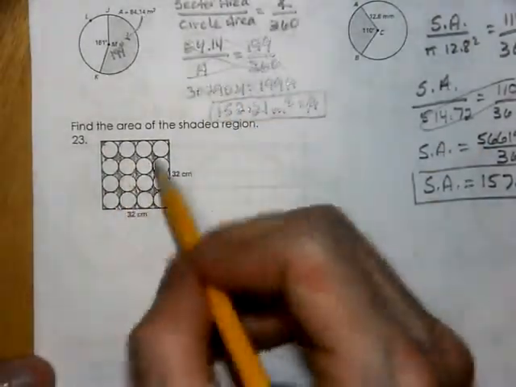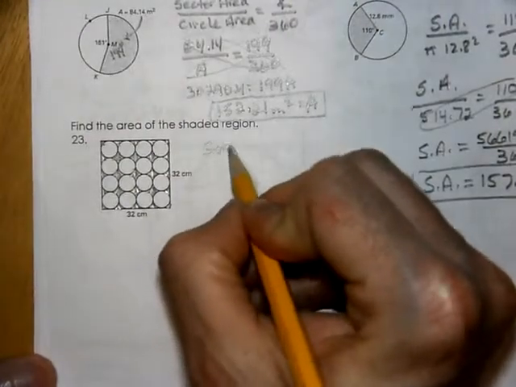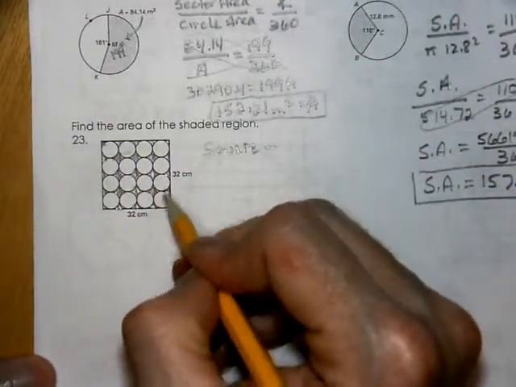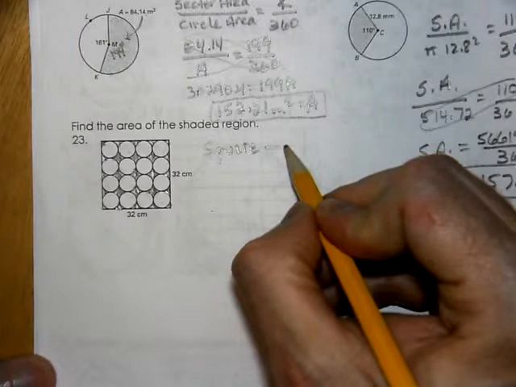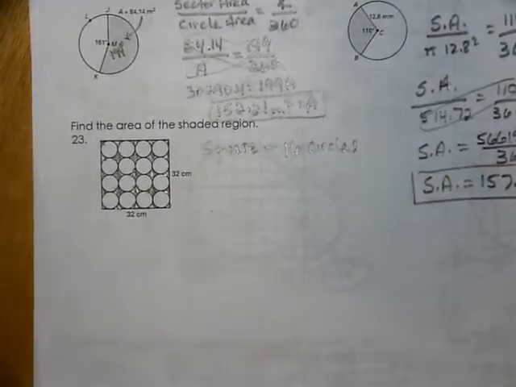So what we're going to do is take the square and subtract 16 circles from it.